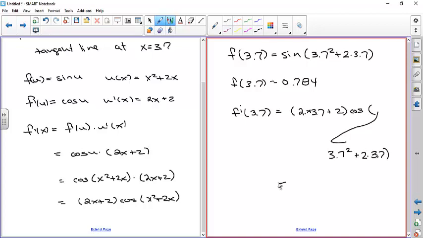Okay, let's see what we get there. 2 times 3.7 plus 2 times cosine of 3.7 squared plus 2 times 3.7. And the slope is negative 5.83.